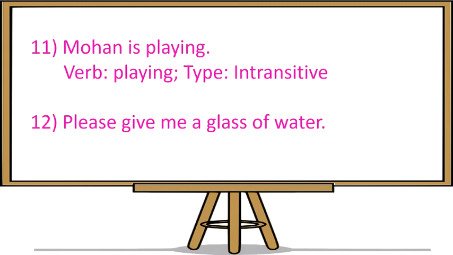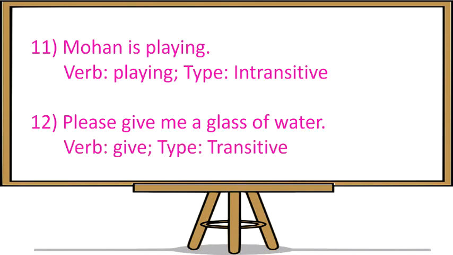And now ask yourself, please give me what? The answer is a glass of water. So that means in this sentence, the object is a glass of water, which is the answer of the question what. So the verb is give and this is a transitive verb.